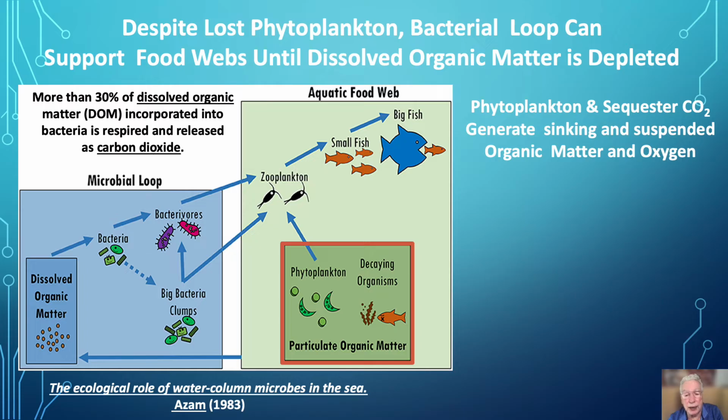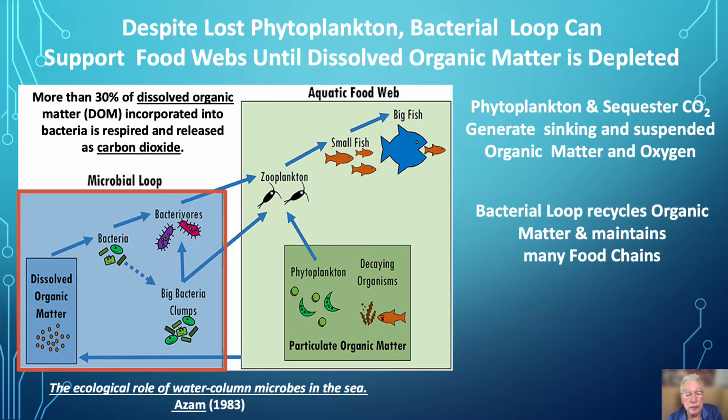Before 1983, it was widely believed that only phytoplankton could directly sustain the zooplankton and benthic animals. However, it is now understood that the bacterial loop recycles dissolved organic matter and thus can maintain a substantial food web until the dissolved organic matter is depleted.